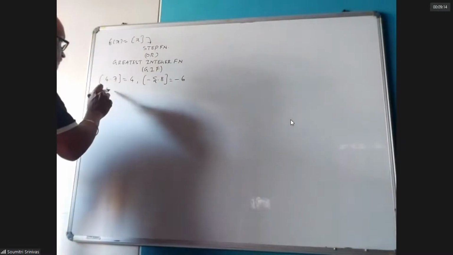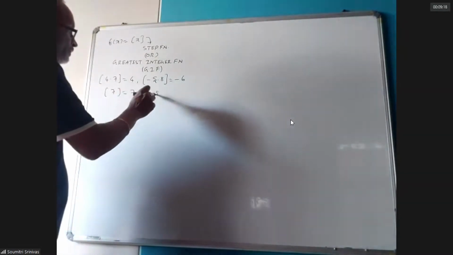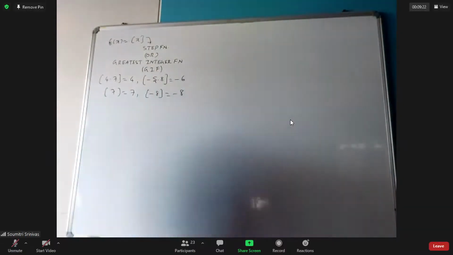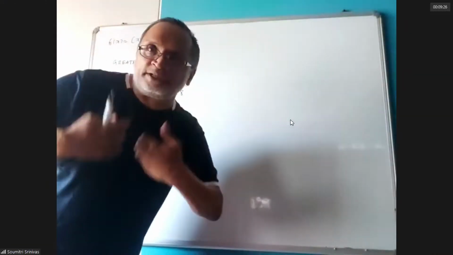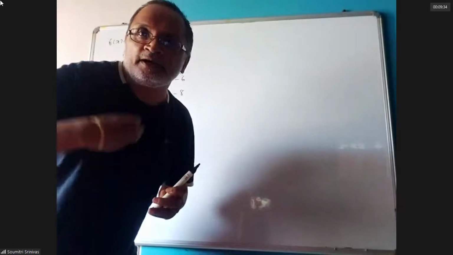Whatever integer is on the left-hand side. Step 7 is 7. Step minus 8 is minus 8. Accepting all real numbers, but giving only integers. Agreed?